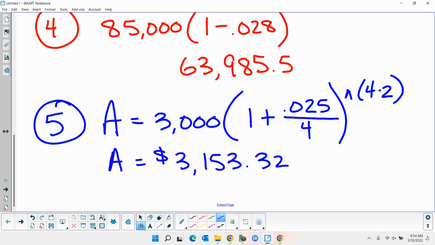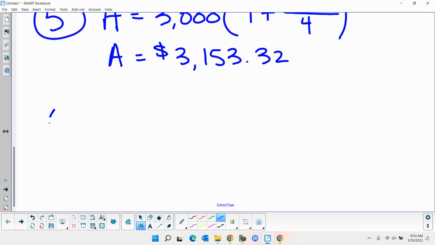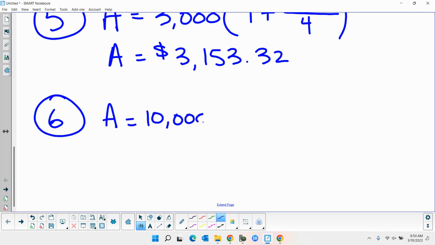Number 6, same type of problem, same formula. The Smiths have $10,000, so that's the principal amount. 1 plus, and they have 2.5% again, 0.025. This time it's compounded monthly, so that's 12 times a year.